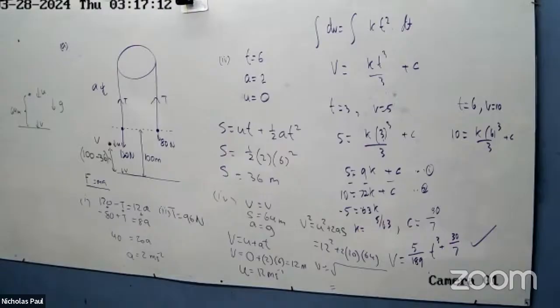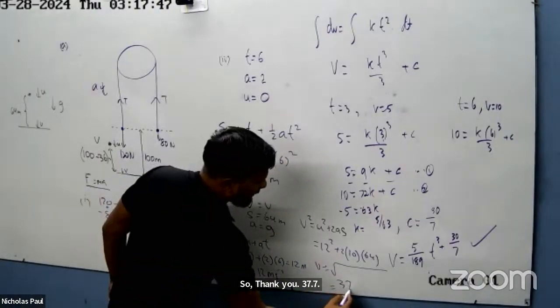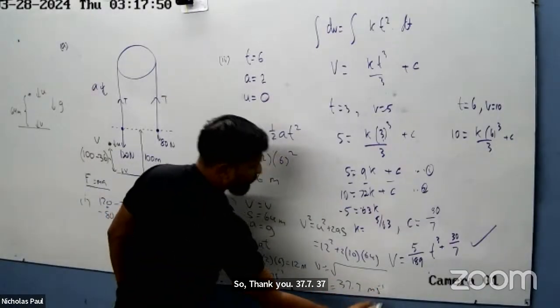What was the last part? So that's part 3. What was part 2 then? No, that's about B. I really did the wrong thing. So what's the velocity? How much? 37.7. So the value is 37.7. Okay, I was really wrong.